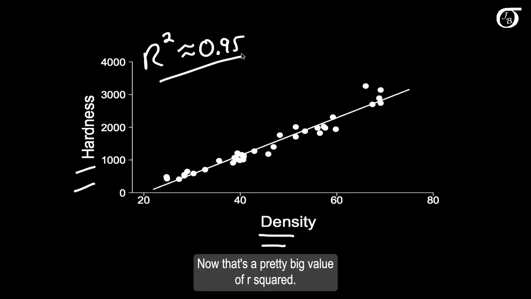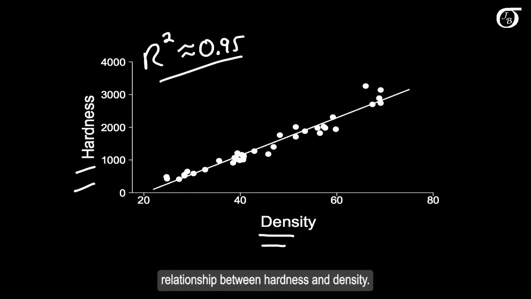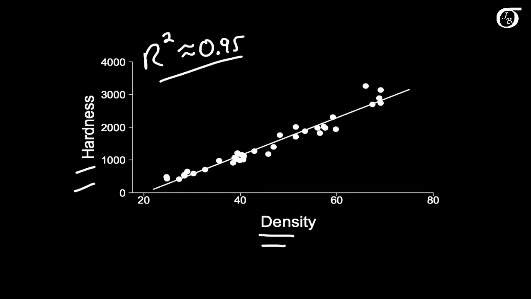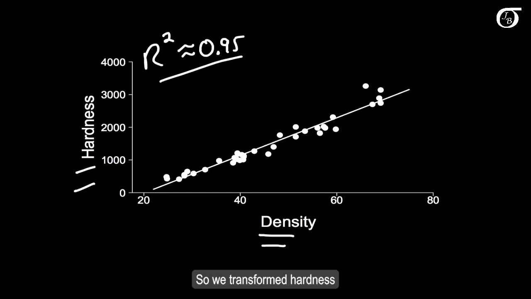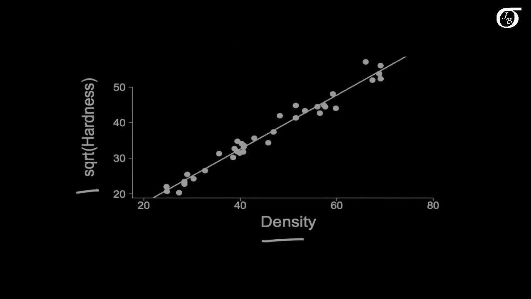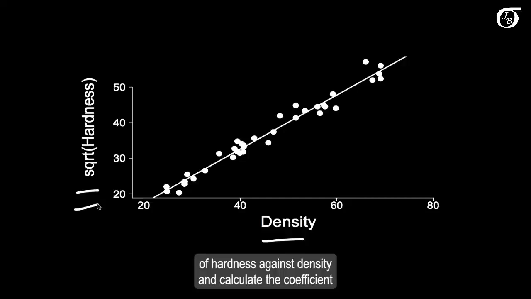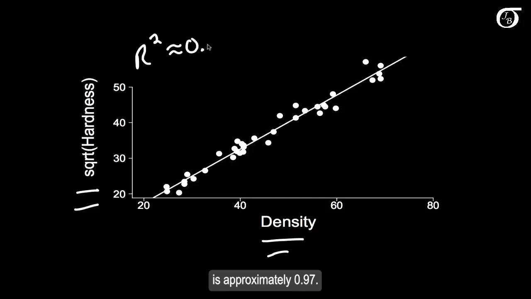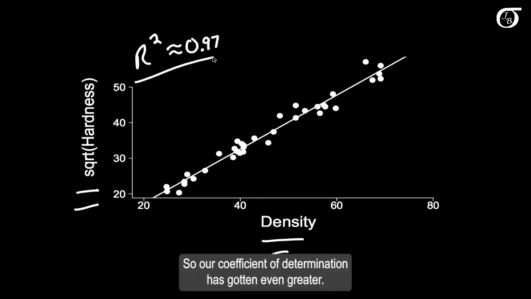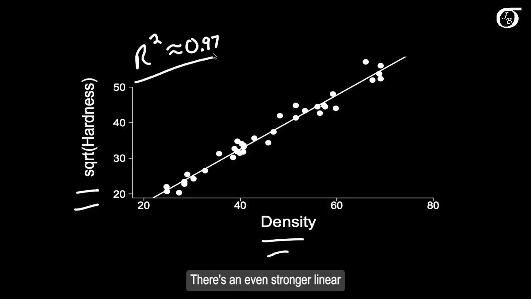Now that's a pretty big value of r squared and does say that there's a very strong linear relationship between hardness and density. But we saw that curvature in the residuals and we said that we can do better. So we transformed hardness using the square root transformation. And if we were to fit the square root of hardness against density and calculate the coefficient of determination, we'd see that r squared is approximately 0.97. So our coefficient of determination has gotten even greater. There's an even stronger linear relationship between these variables.